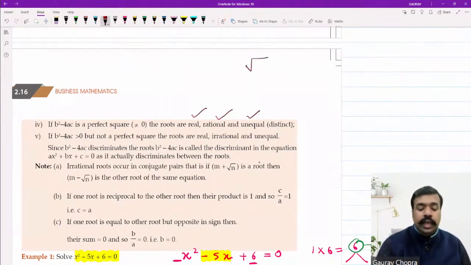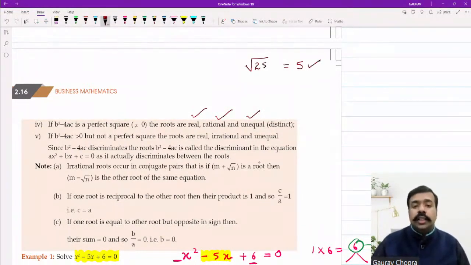Let's say if we have 25 in the root, and after solving, we will get simply 5. So we can say that the roots are real as well as rational, because we will be able to solve that square root part, and this number will be a whole number.